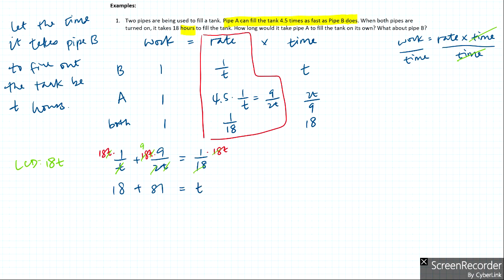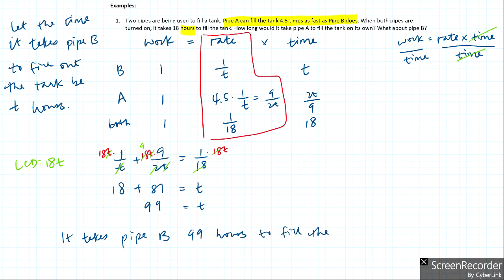To simplify, we get 99 is equal to t. Now if you remember, t represents the amount of time it would take B to fill the tank. So we can say right away it takes pipe B 99 hours to fill the tank on its own.